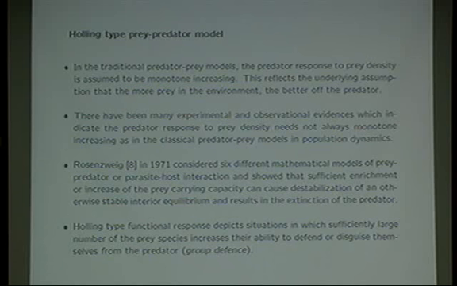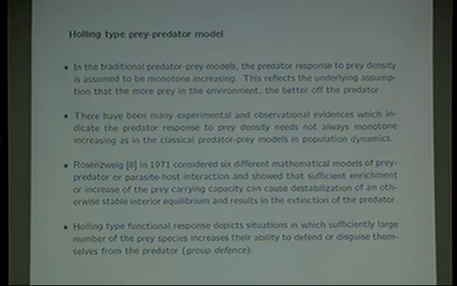Rosenzweig in 1971 used six different types of mathematical models for predator-prey or parasite-host interaction, and he found that sufficient enrichment, if there is a sufficiently large prey population, may cause the extinction of the predator.